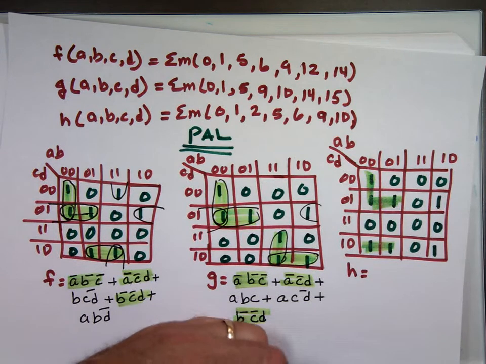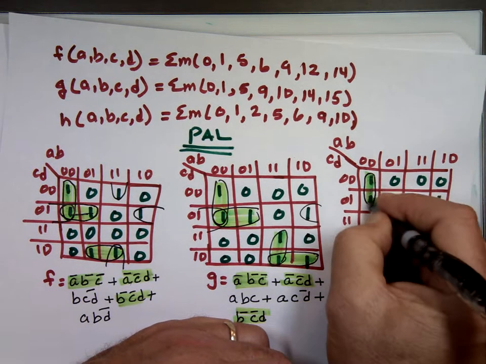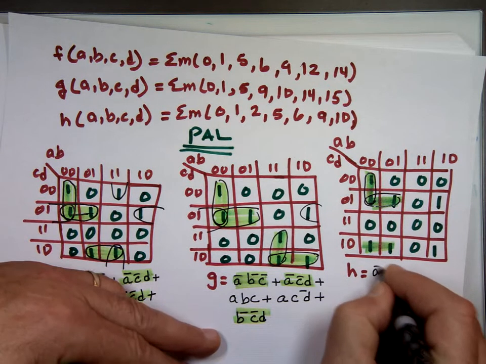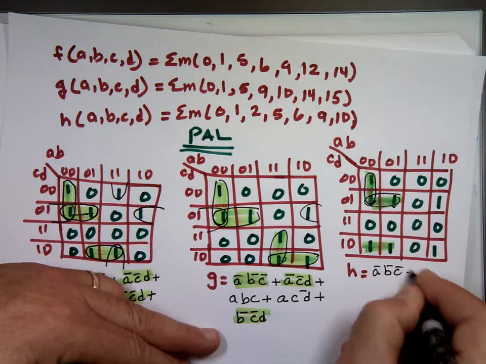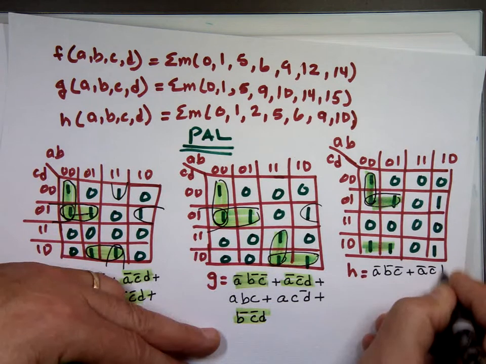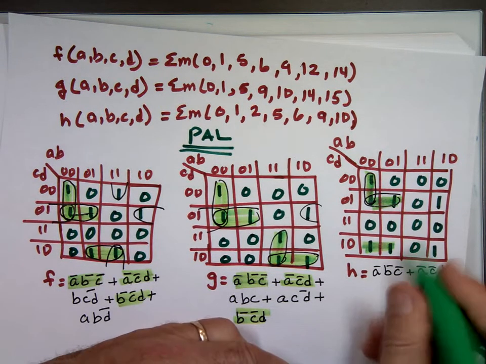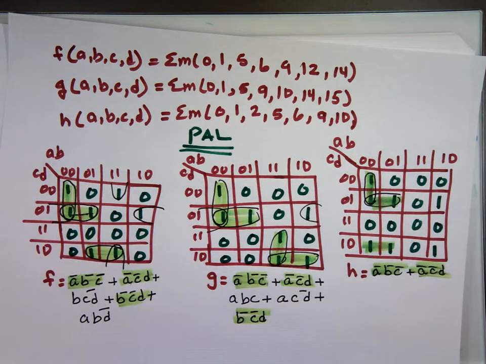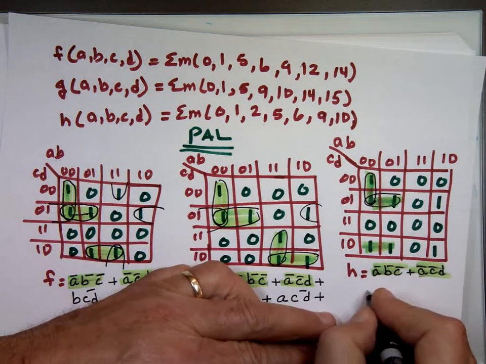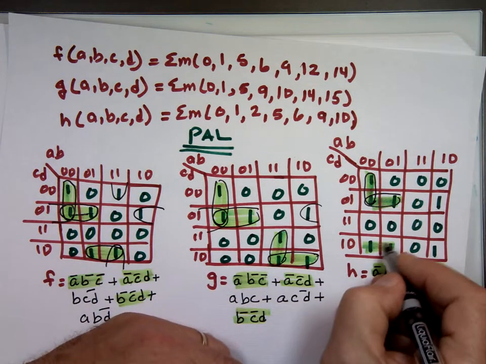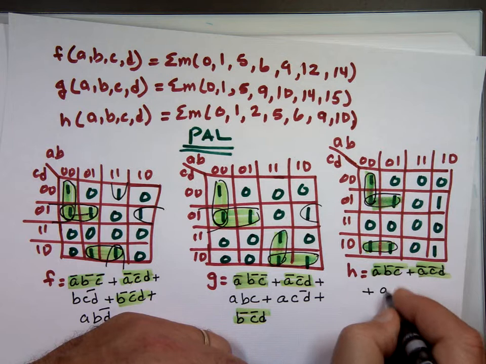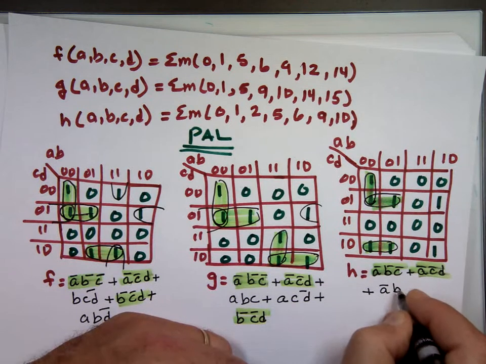So this one here and this one here. That's the first two: A naught, B naught, C naught, plus A naught, C naught, D. So these two are the same. Plus, let's take this one here. This is A naught, C naught, B; A naught, C, D naught.